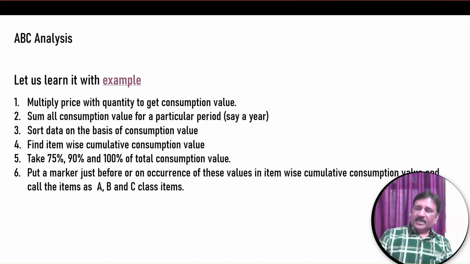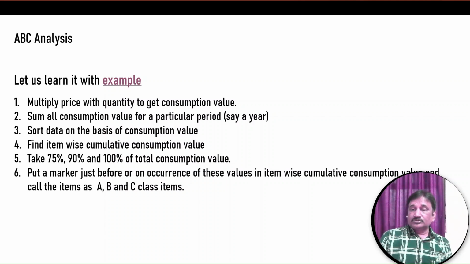There will be 15 items in 100 which will be contributing to 15% of the consumption value, and there will be 75 items which will be contributing to just 10% of the consumption value. Those are called C class items.